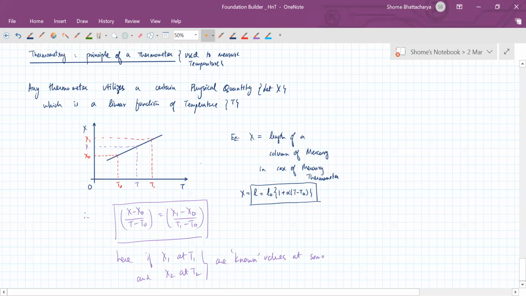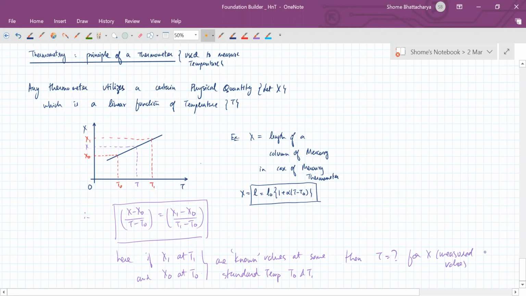at some standard temperature, so x naught and T naught are known values at some standard temperature, T naught and T1, then T can be calculated for x, which is a measured value.